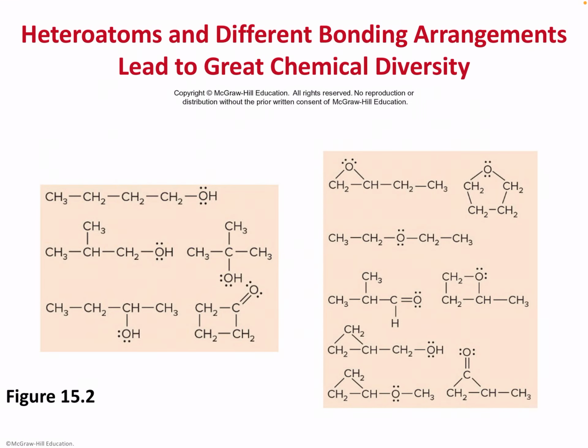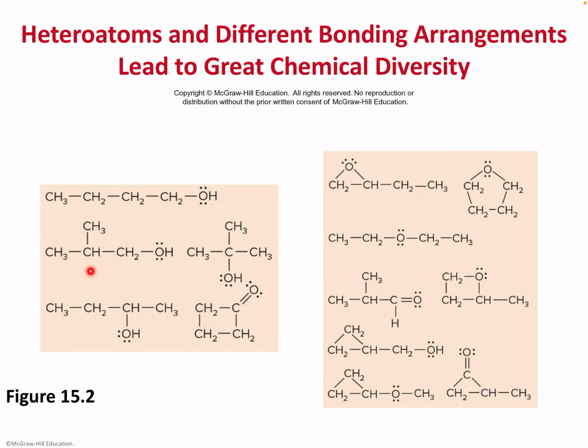Heteroatoms and different bonding arrangements lead to great chemical diversity. You can see here, this is a carbon chain with 1, 2, 3, 4 carbons, and now you have an oxygen heteroatom and hydrogen. So this is an alcohol. When you have an OH group, that is an alcohol. Now here, the carbons are bonded one after the other, 4 carbons.